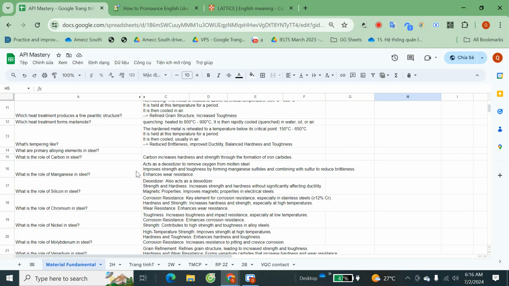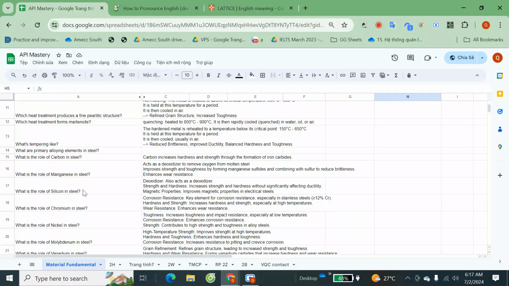Manganese acts as a deoxidizer to remove oxygen from the molten steel, improves strength and toughness by forming manganese sulfides and combining with sulfur to reduce brittleness, and enhances wear resistance.